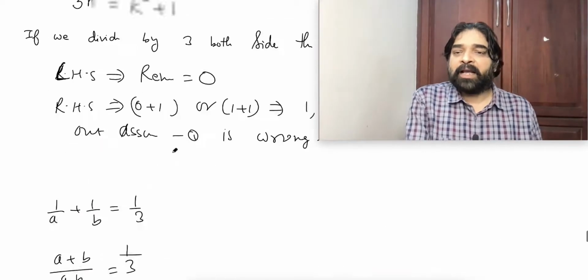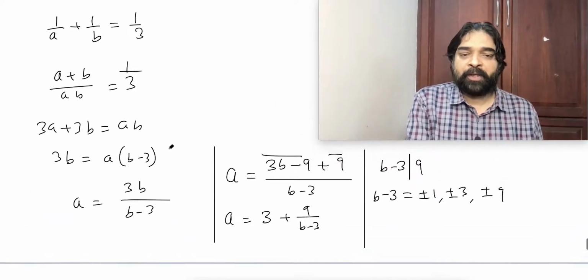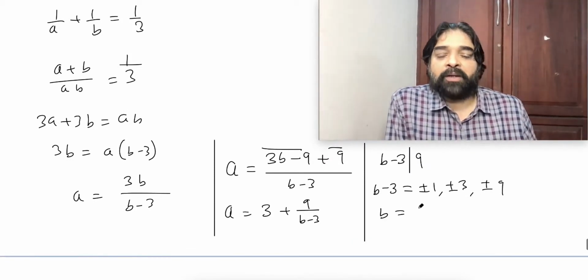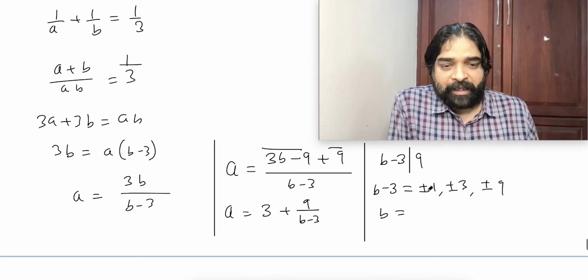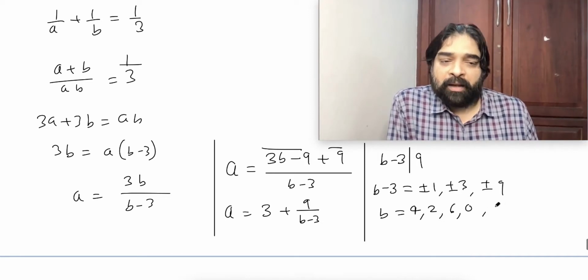I ask you natural number or integer? Integer solution. Okay. So b minus 3 equal to this. So b will be equal to what? If you add here, 3 plus 1, 4, 2, 6, 0, 12, minus 6. Yes.